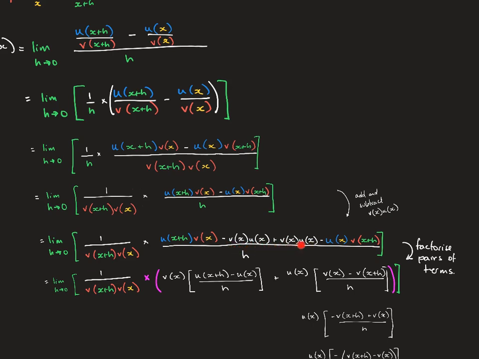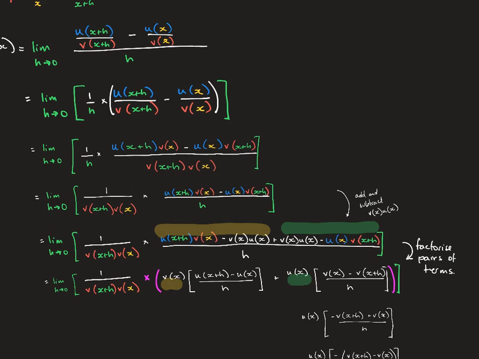The reason I've got the subtraction first and the addition second is that I want to use this first bit here to take a common factor of v of x out. See, I've got v of x out as a common factor there. And then for this second lot here, I want to take u of x out as a common factor.